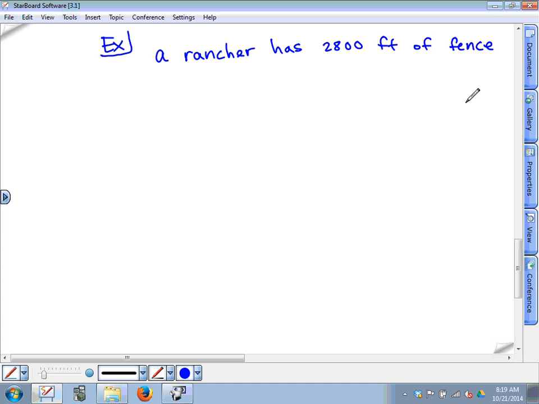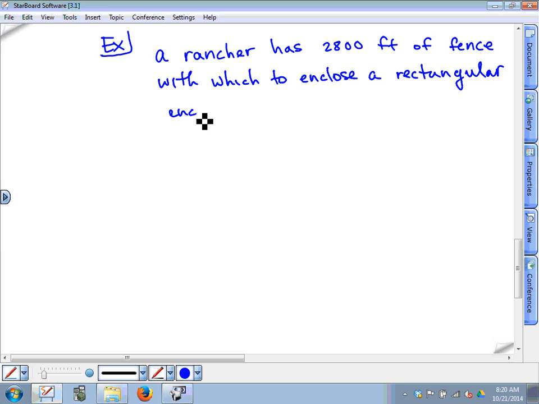A rancher ranches? A rancher keeps cattle, right? A rancher has 2,800 feet of fence with which to enclose a rectangular enclosure for cattle.